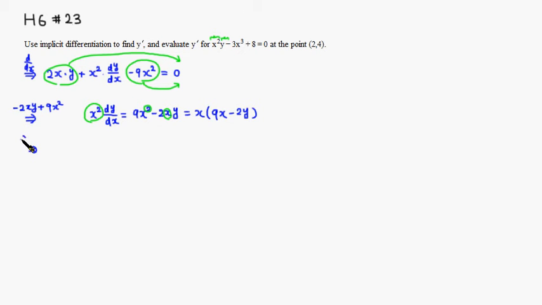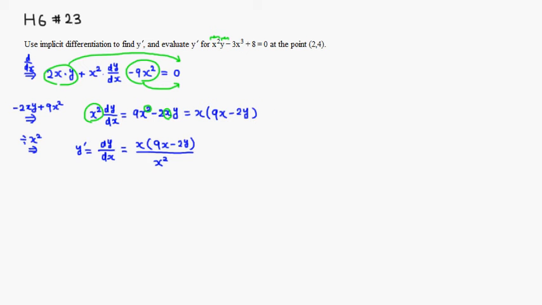So we can simply divide through by x squared. That will give us just dy over dx, which is the same thing as y prime if you want to use that notation. So the right-hand side is x times (9x minus 2y), and we're dividing it by x squared.